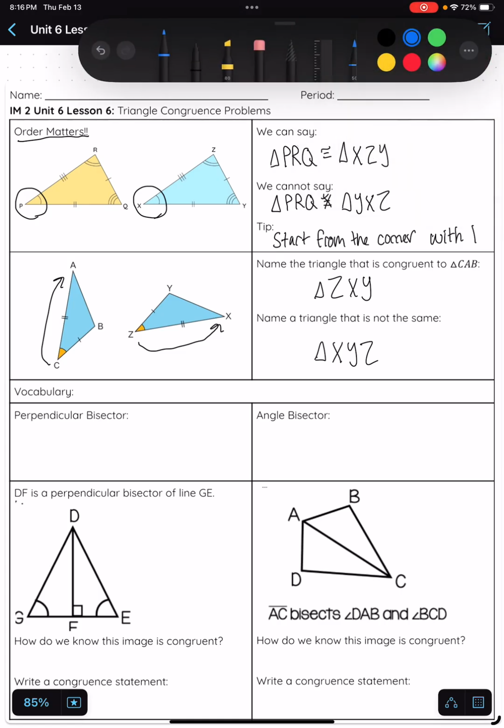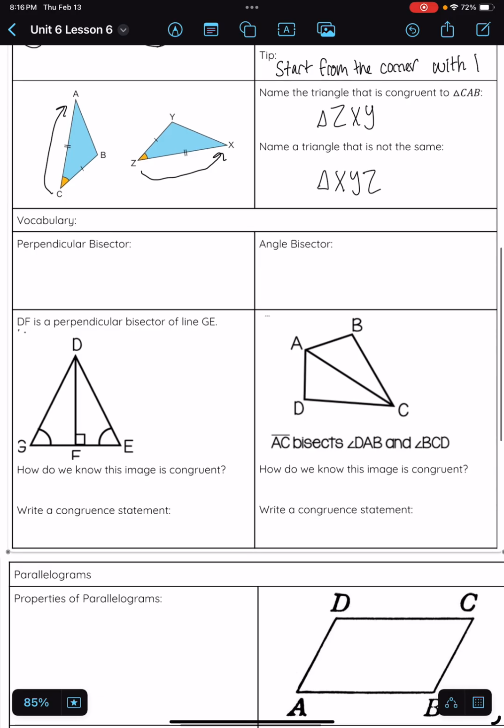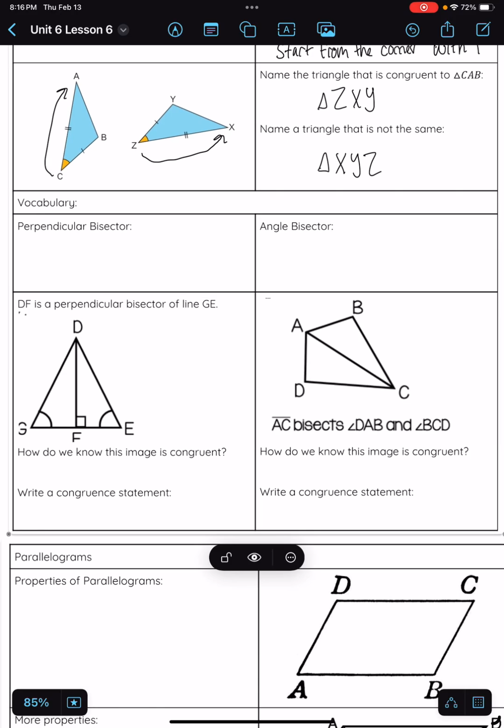The next part is just a quick review of some vocabulary. Depending on when you had me this week, Wednesday or Thursday, we talked about what a perpendicular bisector is. Bisectors cut things in half. So if DF is a perpendicular bisector of line GE, that means it's cutting this and this in half.